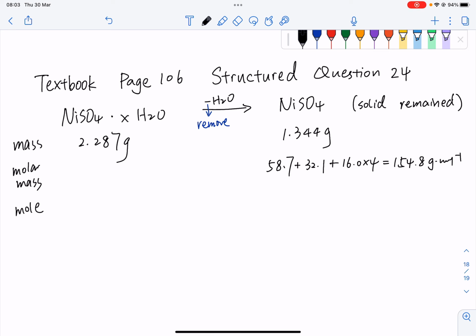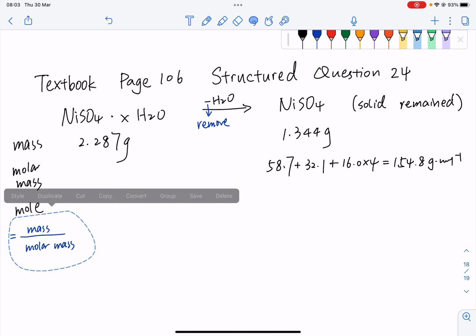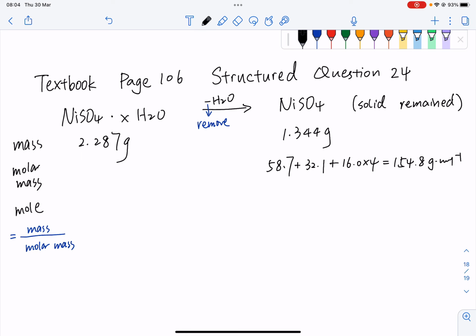Are we able to calculate the mole for nickel sulfate? Remember, what's the formula to calculate mole? It will be mass over molar mass, right? So now we use 1.344 grams divided by 154.8 grams per mole.